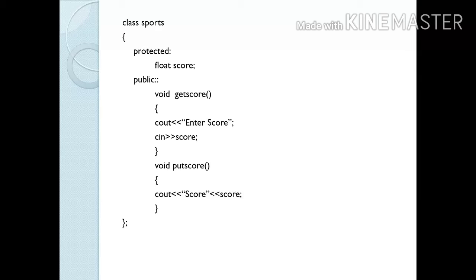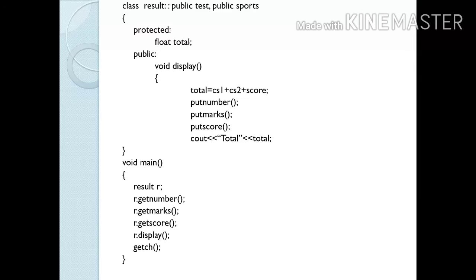Now see here, I have created one more class, that is result. This result class is inherited from class test and class sports. So in the first line, one base class and multiple derived classes. So this will be an example of multiple inheritance.